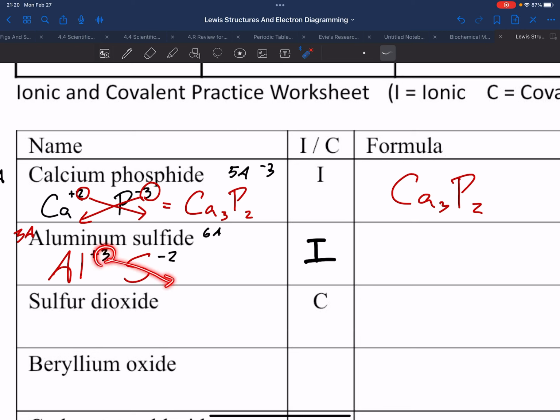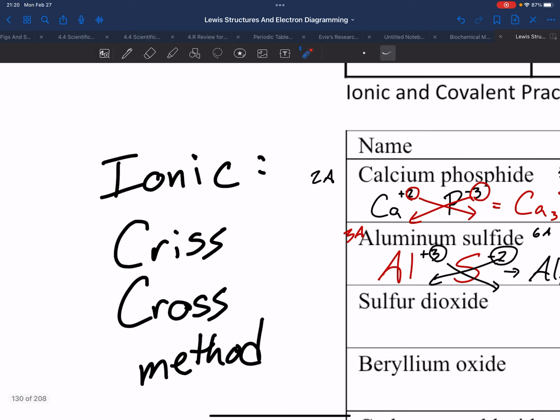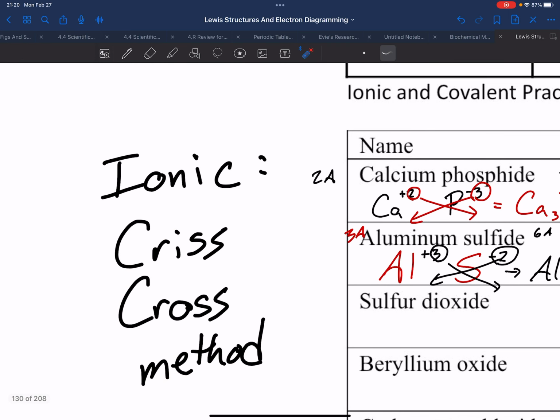The 3 comes down, the 2 comes down, and I'm left with Al2S3 for my formula, and that's what goes here, Al2S3. So anytime you see an ionic, you need to do the crisscross. You must do the crisscross method if it's ionic.